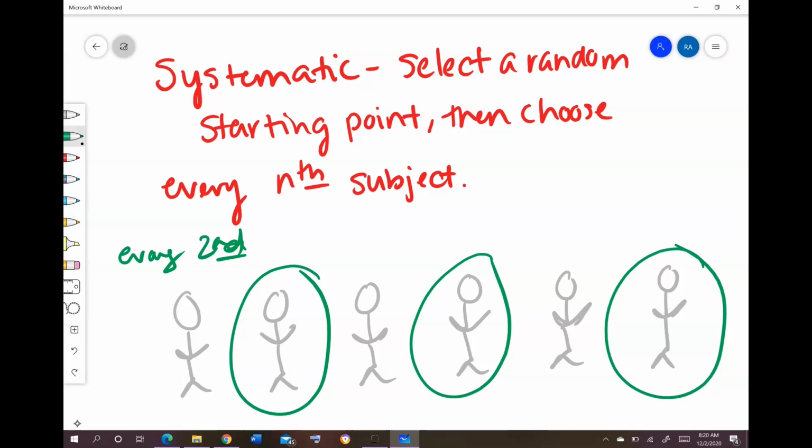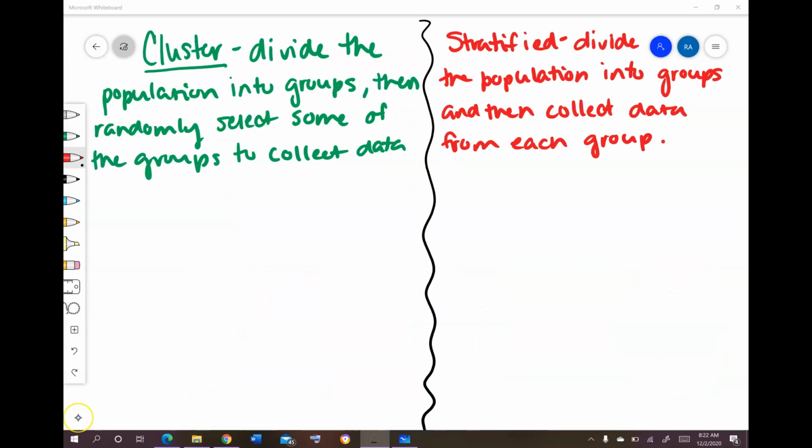All right, the next ones. These two are kind of similar, so I like to show a comparison of them, because there's just one itty bitty difference between the two. Cluster is where you divide the population into groups and then randomly select some of the groups to collect data.